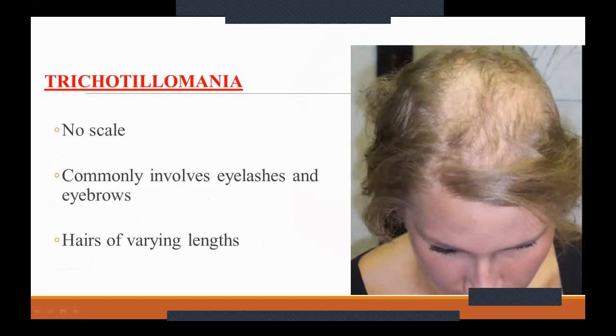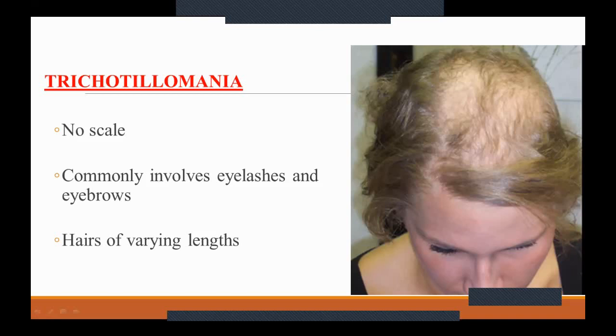The length of the various hair, some will be larger hair, some will be smaller hair, and generally it is within the reach of the dominant hand. The area which is plucked by the patient is within the reach of the dominant hand, and they might also involve the loss of the eyebrows or eyelashes.